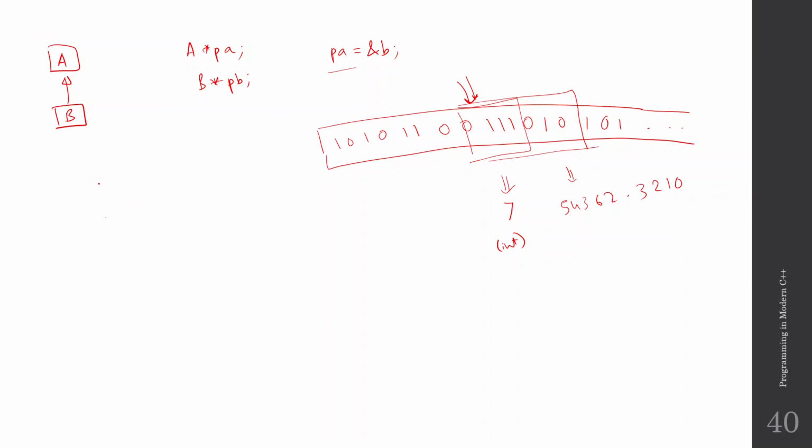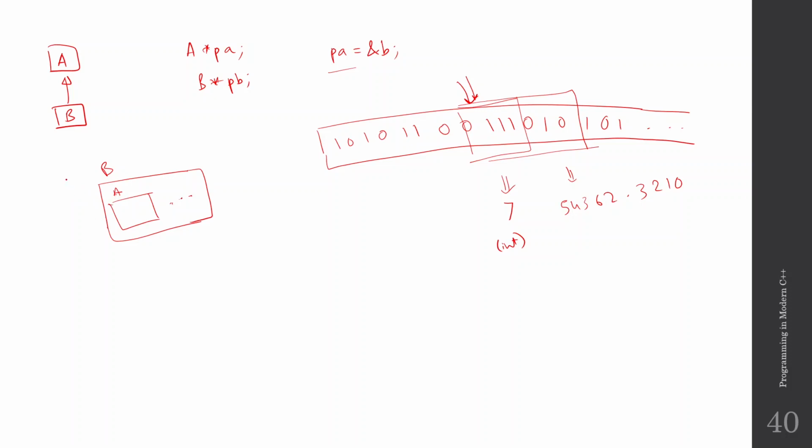Because of inheritance, a B object will contain an A object first, and then it will contain something extra, which is its own members. That is the object layout of a derived class.